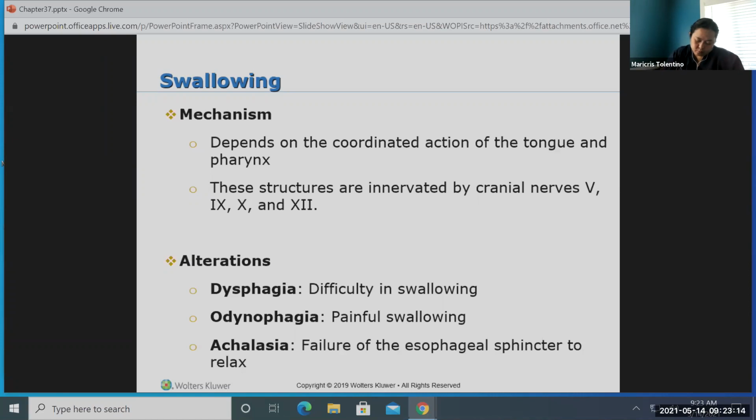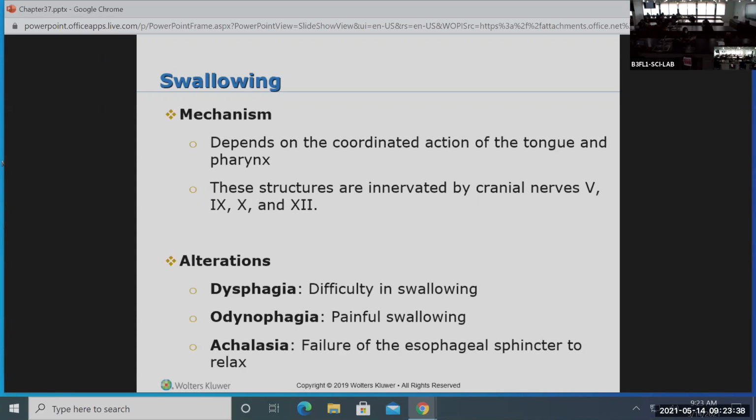And what does the hypoglossal nerve innervate? The tongue. Hypoglossal is a motor nerve which innervates my tongue muscles. Tongue muscle is 100% skeletal, it's 100% voluntary. That's what I said: the first part of swallowing is 100% voluntary.